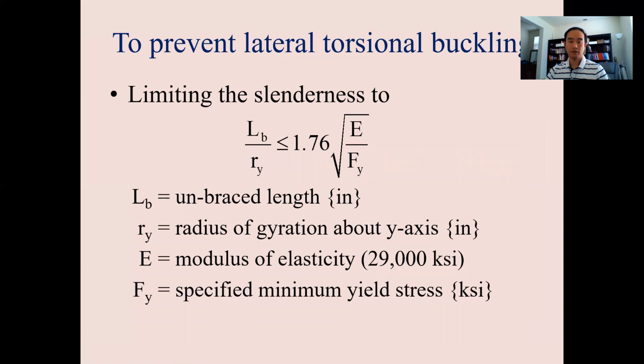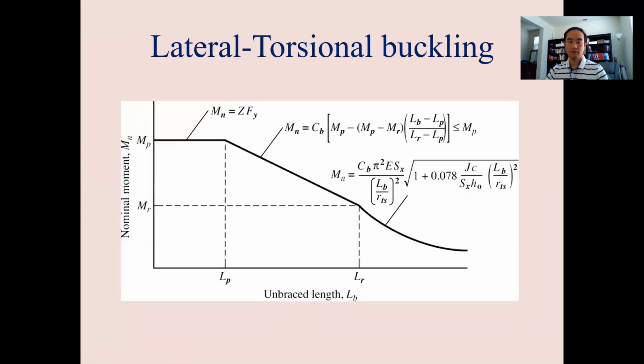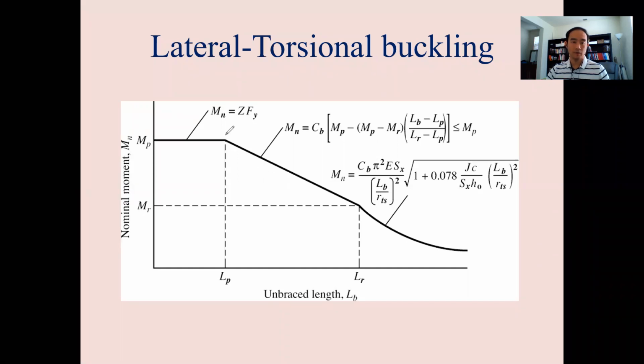So let me go to this one first. We already talked about this in the class, and it is very similar to the chart for the buckling failure for the column, right? So let me just change the color. This is the portion where we can maximize the capacity of our beams.